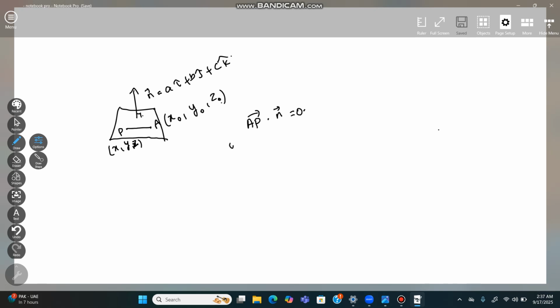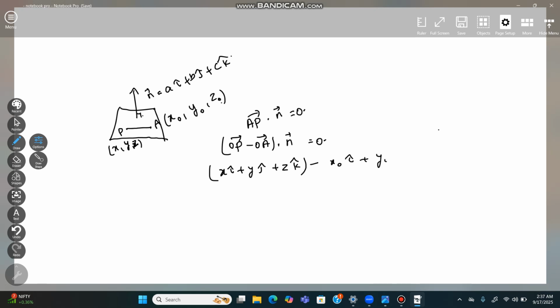Now using the position vectors, this will reduce to OP minus OA dot n vector equal to 0, and writing it in terms of its components, xi plus yj plus zk minus x naught i plus y naught j plus z naught k, dot n, sorry, I missed the dot n.